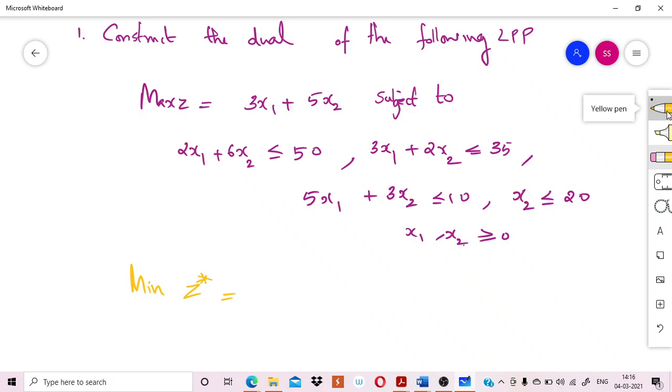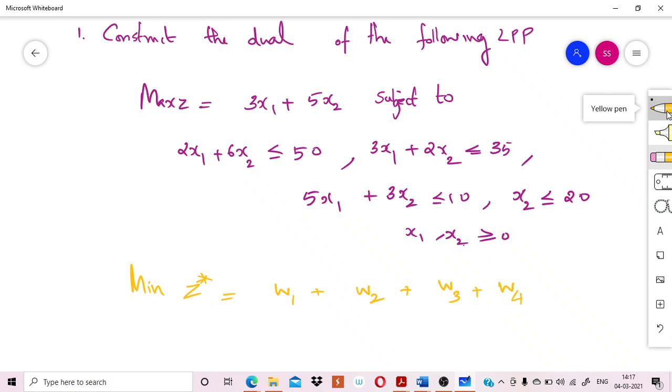Here the decision variables are x1, x2, but there should be m number of decision variables, that is how many right hand constants are there, so that many number of decision variables you have to define. That means 1, 2, 3, 4, right? 4 constraints are there, 4 right hand constants are there. So w1, w2, w3, w4.